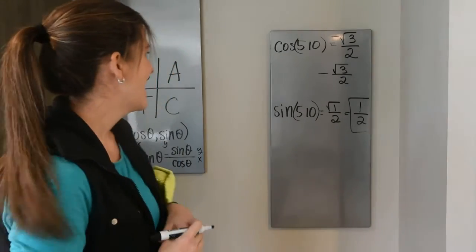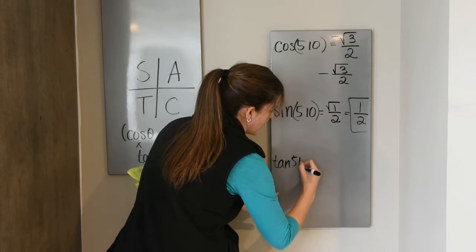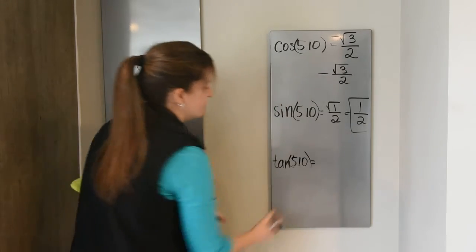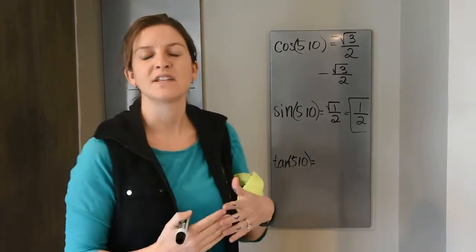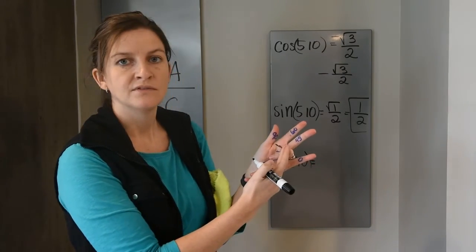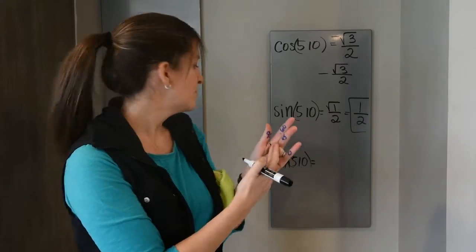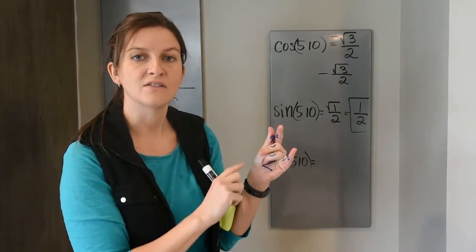Okay? And we're going to do tangent of 510 just for practice. Same conversation. Reference angle of 30. It's in quadrant 2. So pull your 30 down. Tangent, and I showed you in the last example, there's 2 ways to do this, but tangent is essentially the y over the x coordinate.